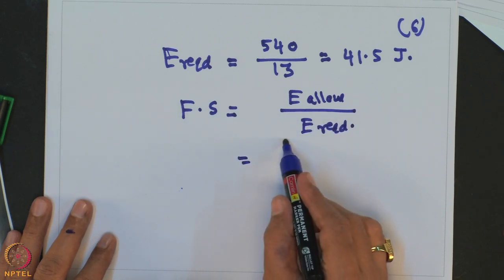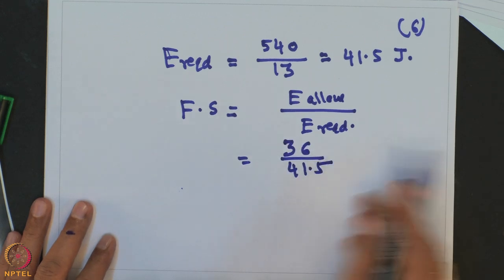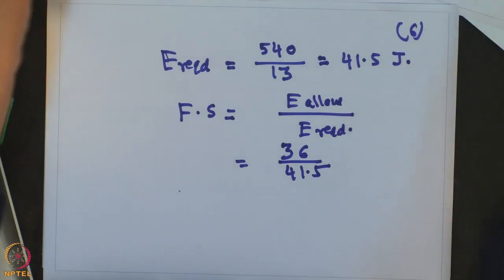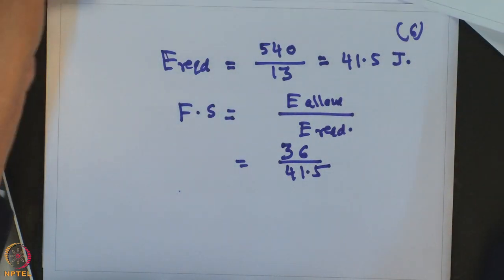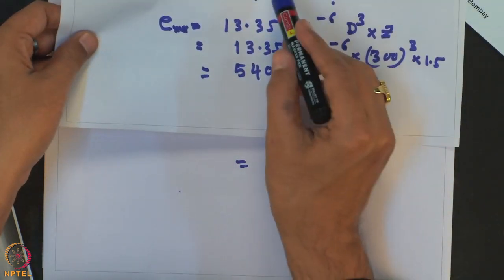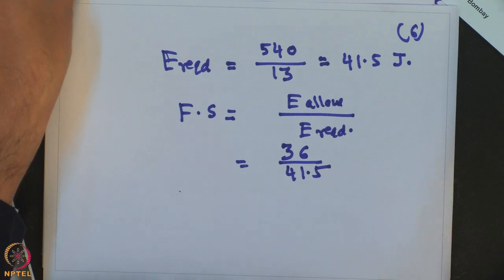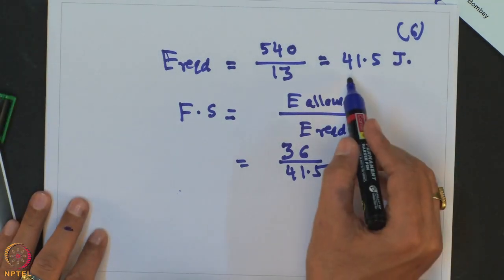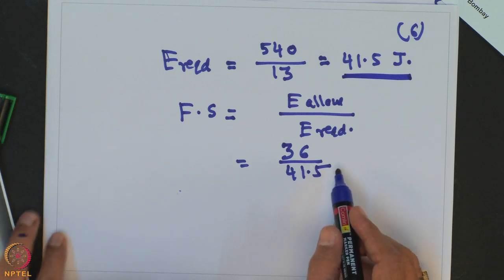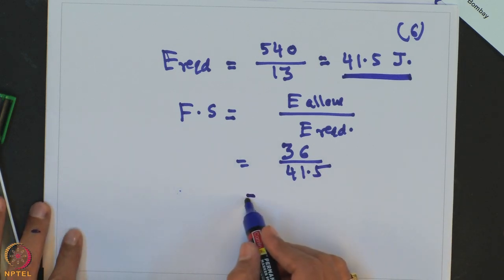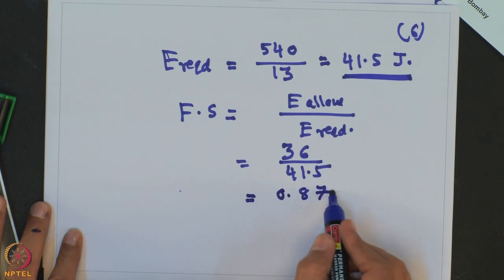So, this will give you 36 divided by 41.5, because earlier you were given 36 J, and then you have achieved this E required of 41.5. So, this will give you a factor of safety of 0.87.